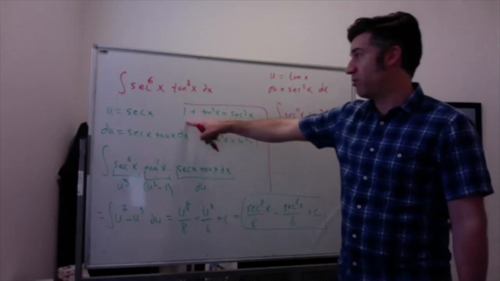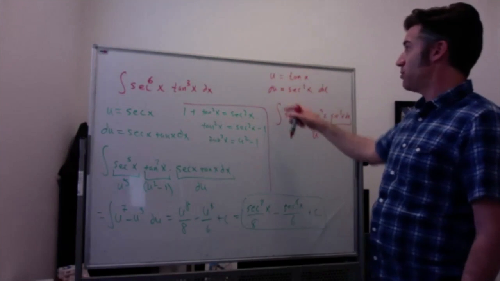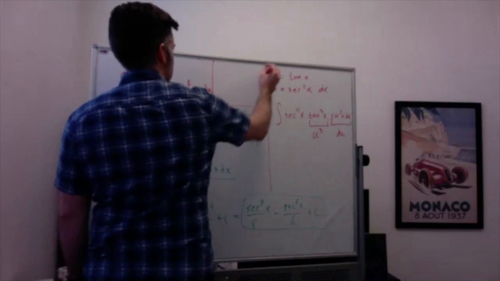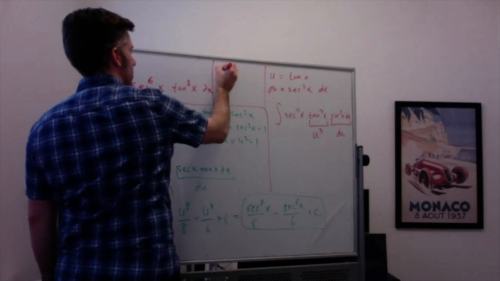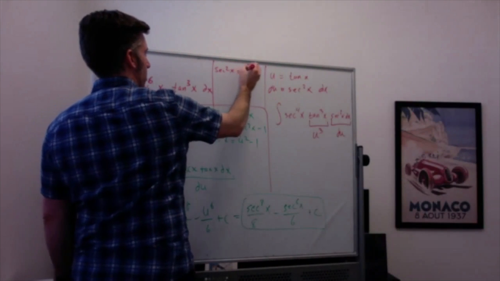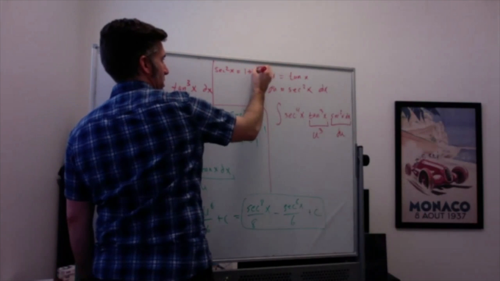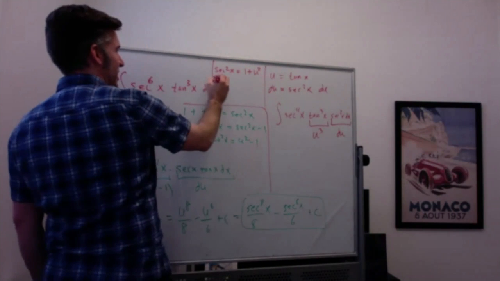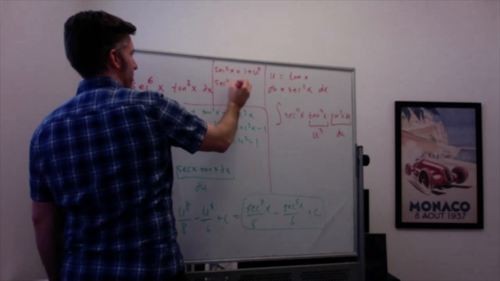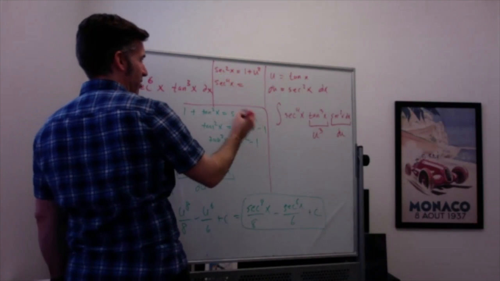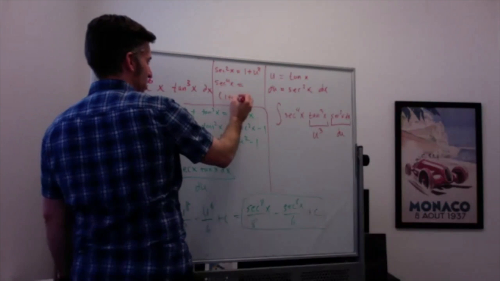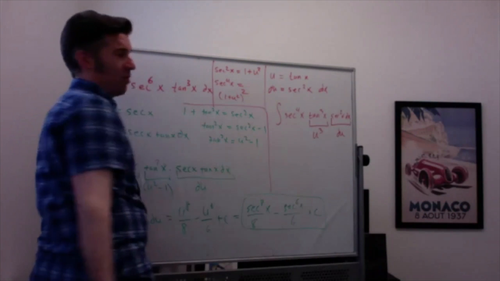Secant squared is 1 plus tangent squared, which is 1 plus u squared. So then secant to the fourth is secant squared squared, which is going to be 1 plus u squared squared.